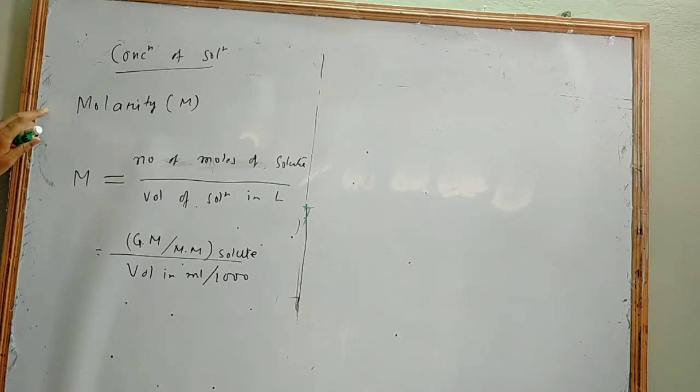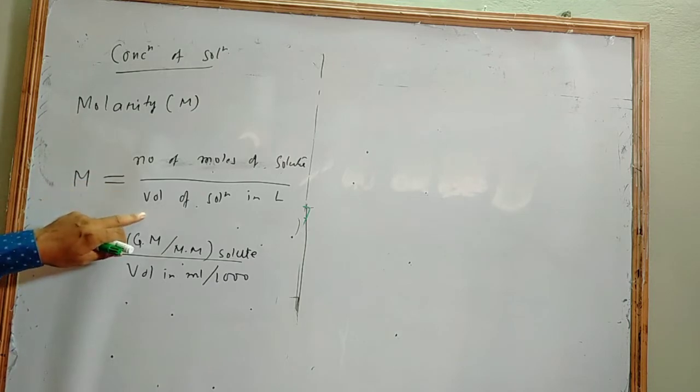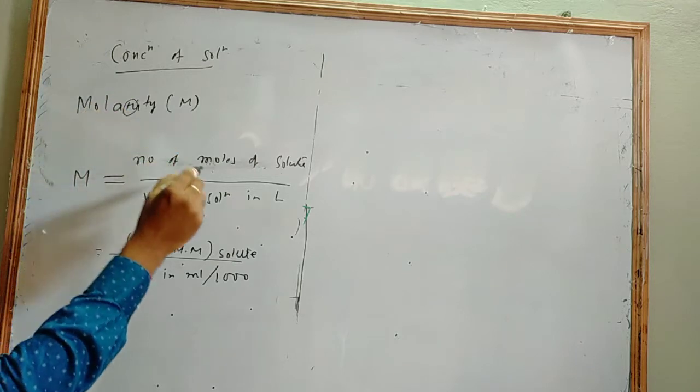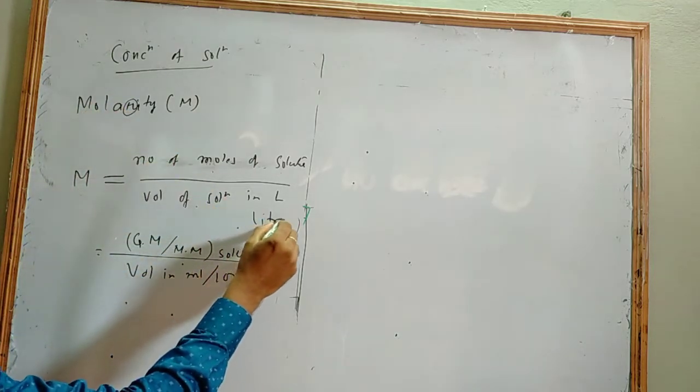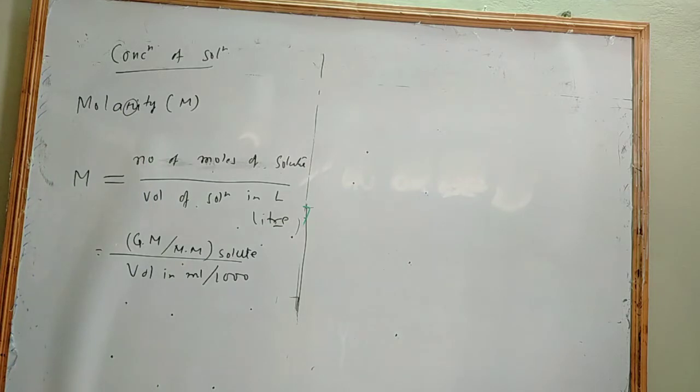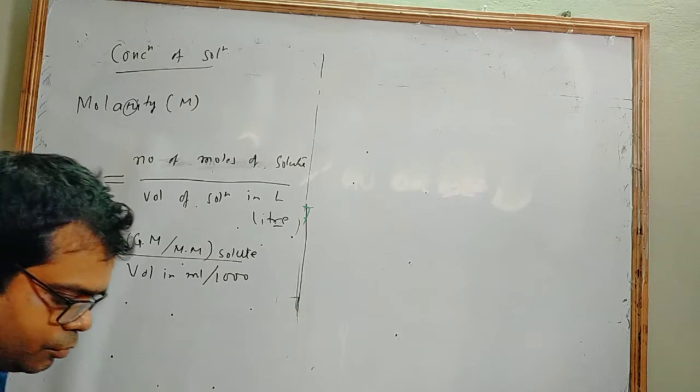So this is how molarity is number of moles of solute by volume of solution in liter. Remember, in molarity we have R, and in liter also we have R. Means if molarity is there, then in the denominator you have to write volume.